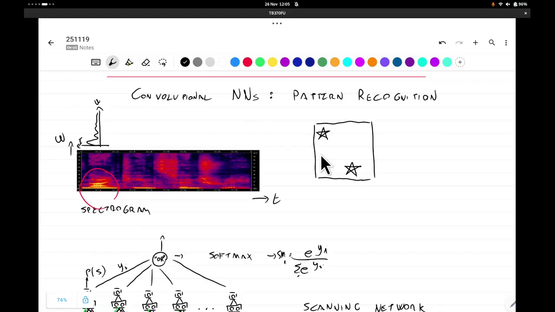to do pattern recognition. One can think of the original motivation when people started looking into convolutional networks back in the 90s, actually, before the official renaissance of deep learning. I don't know if I already said that.